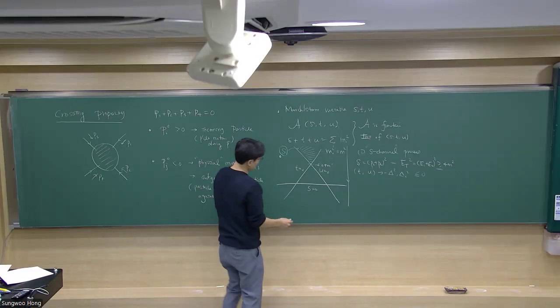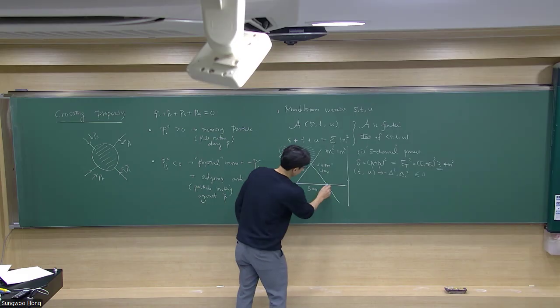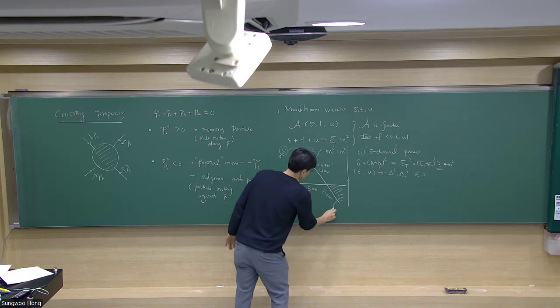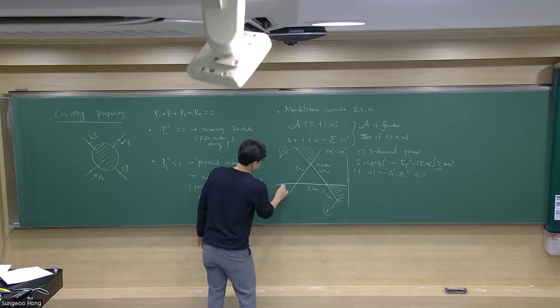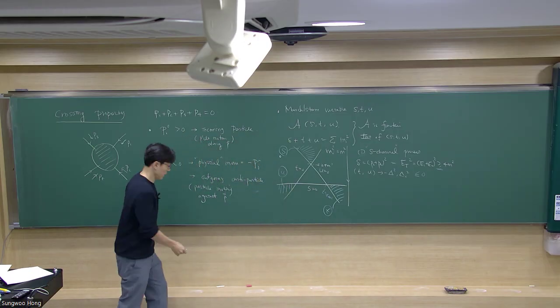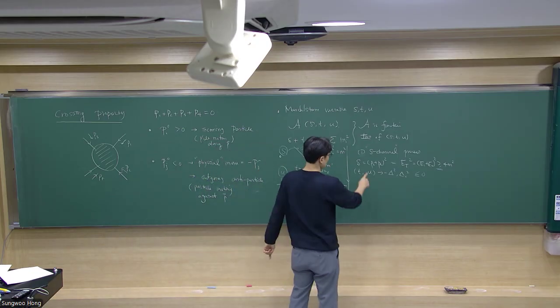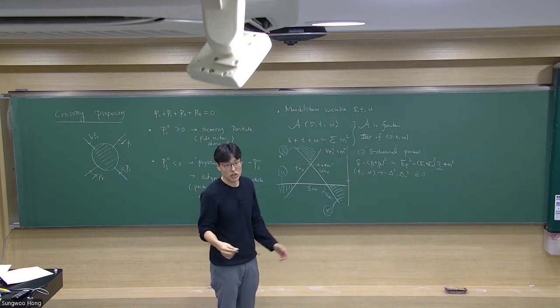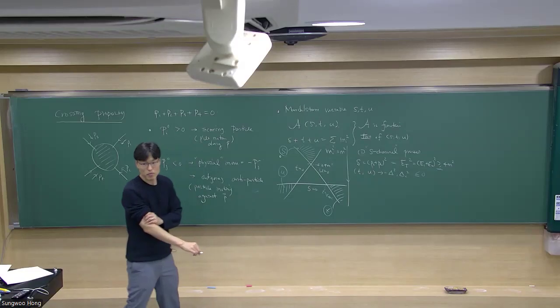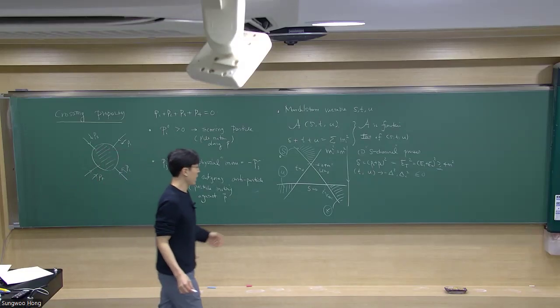And then one can do the same thing. So when T reaches 4m squared and above, this corresponds to the T channel. And then this corresponds to the U channel. Exactly the same, so I don't need to write the same thing. So the T channel where T plays the role of total energy, the U channel where U plays the role of total energy, and the other two play the role of momentum transfer. Okay? So that's that.